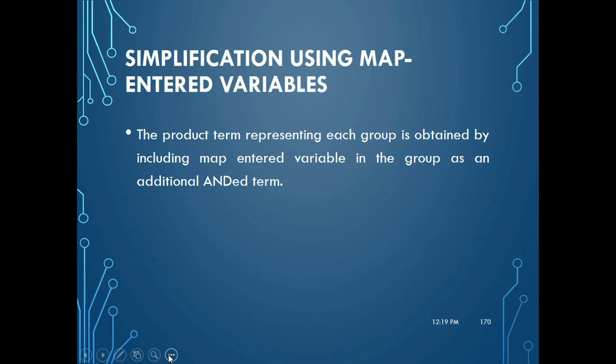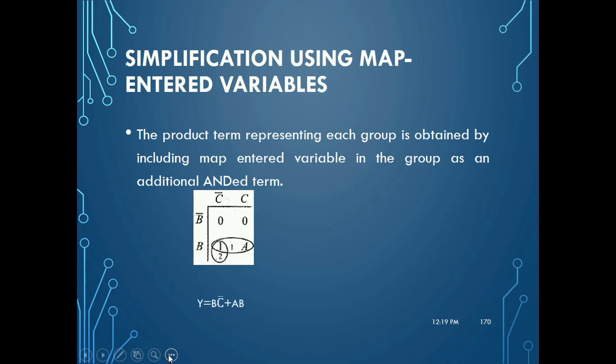The product term representing each group is obtained by including the map entered variable in the group as an additional AND term. So here I have taken BC as the input now and A as the entered variable map. If that is the case, how can I write the expression now? Here it is Y is equal to BC bar plus AB. How did you get this answer?